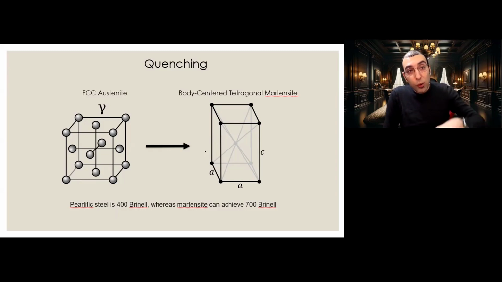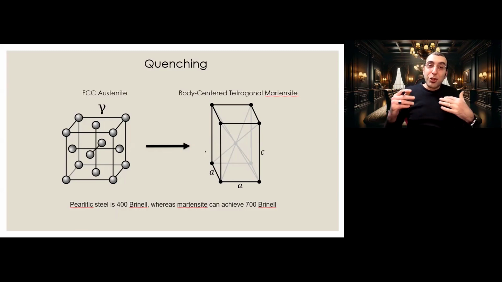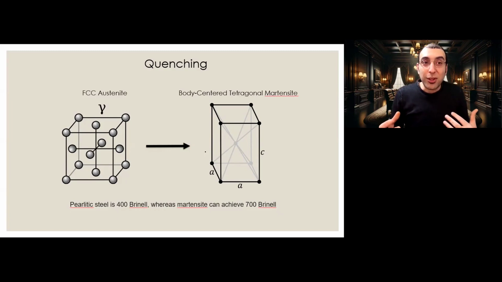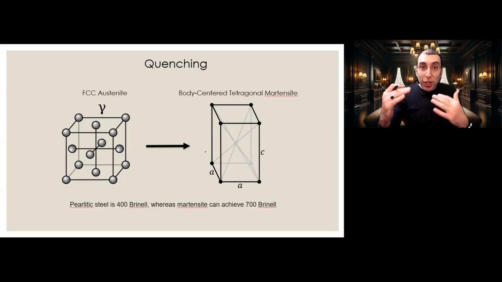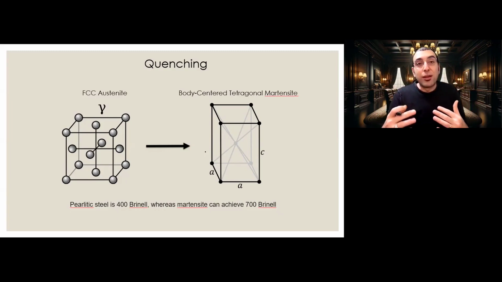If you cool down fast, you're most probably freezing the austenite composition and structure, but the thermal tensions are shape-shifting the unit cells within the material from FCC austenite to a body-centered martensite, which is much harder than the austenite itself. So you get a hardened material. But the point is that the cooling rate really affects the phases that you will get.